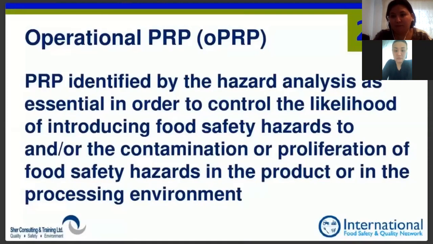A PRP is a prerequisite program. It includes hand washing, sanitizing, SSOPs, SPSs, pest control, glass control, metal control, purchasing practices, cleaning, sewage, keeping the building, hygiene. Those are all of our prerequisite programs, our PRPs.